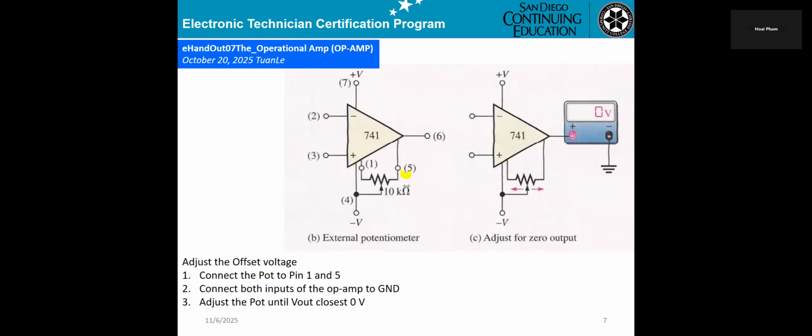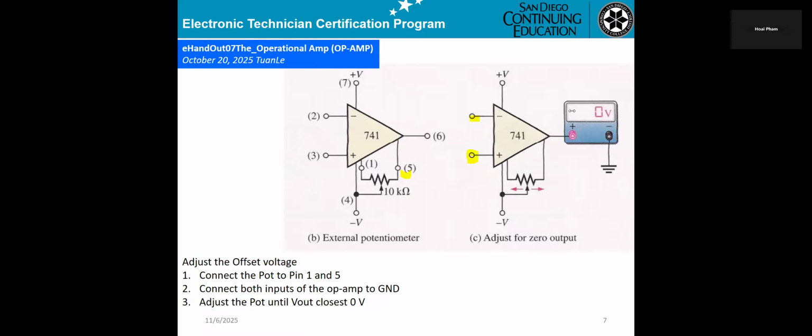Then, connect both inputs of the op amp to the ground. That means you connect input negative and input positive to the ground. Output is supposed to be 0.